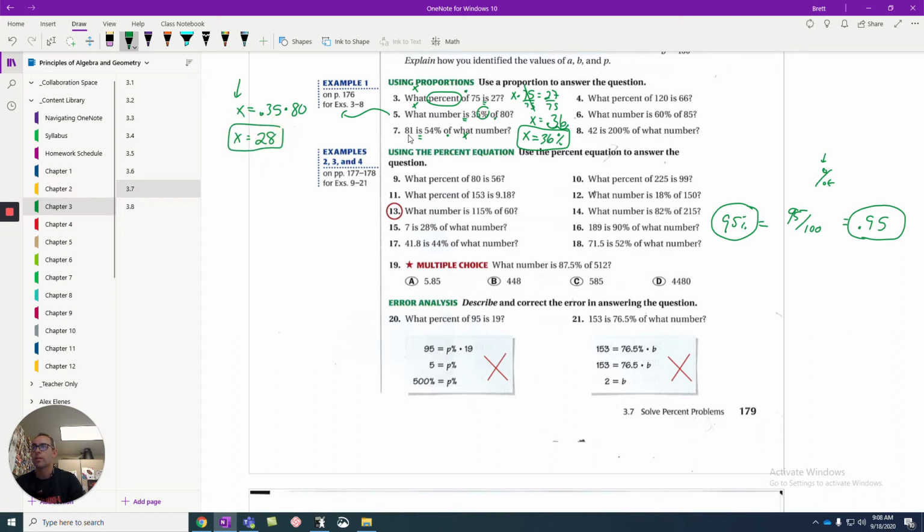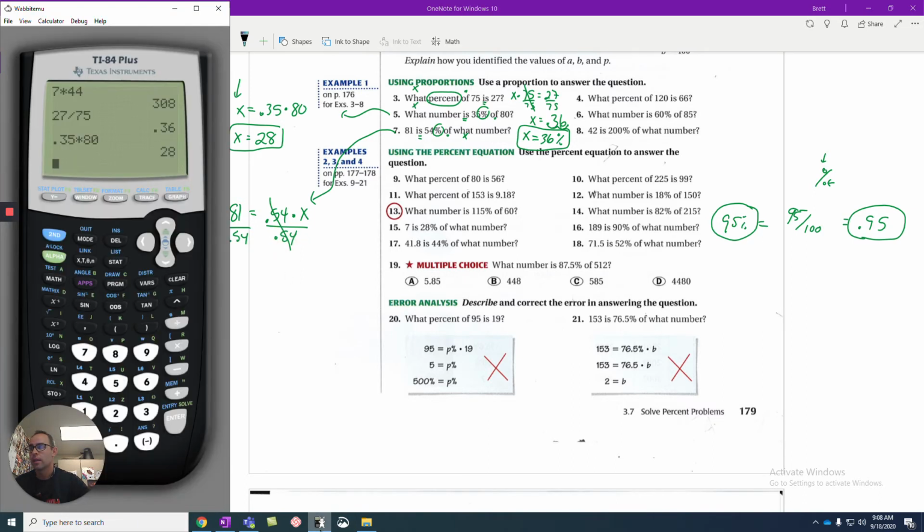Last one we're going to do, number 7. 81 is, so we're going to bring this number 7 down over here. 81 is our equal sign, 54%, but it's got a percent sign. I've got to get rid of that, so I will use 0.54. Of means to multiply, what number would be x. Again, I see multiplication with x, so I divide by 0.54. You divide by whatever's sitting there next to x, and 81 divided by 0.54 is 150.